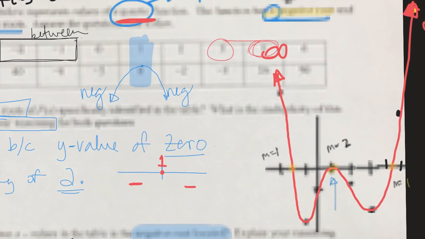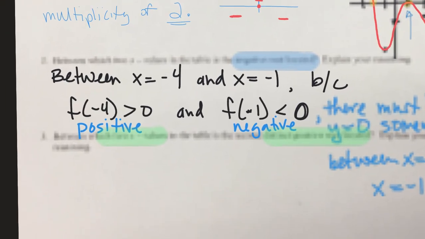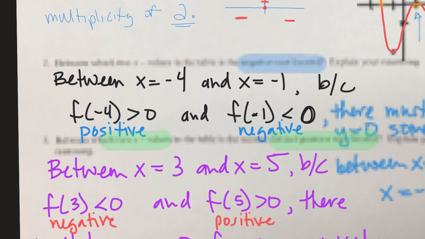Okay, so those are going to happen between +3 and +5, right? Because at +3 we have a y value that's negative, and at +5 now we have a y value that's positive. So we're going to use that same line of thinking, only we're going to flip these two things. So between +3 and +5, from our table, that's what we see, because at +3 we have a y value that's less than 0, a negative y value, and we have a positive y value at x equals 5.